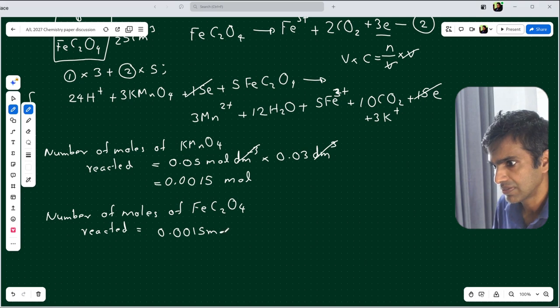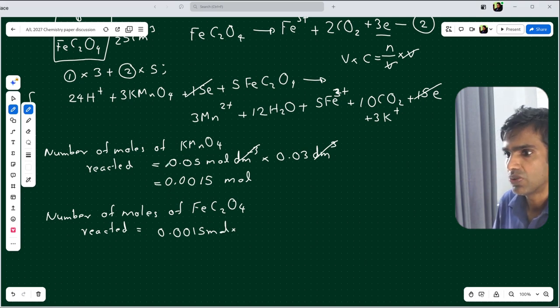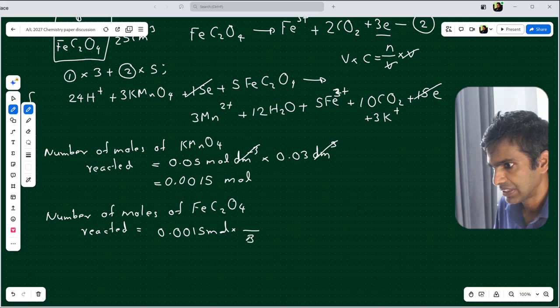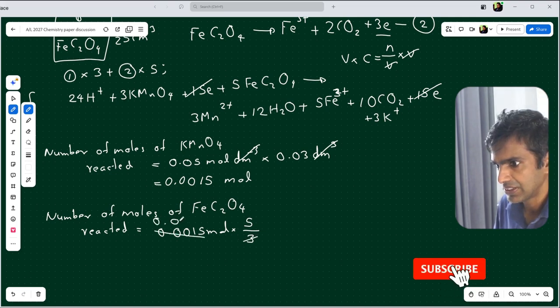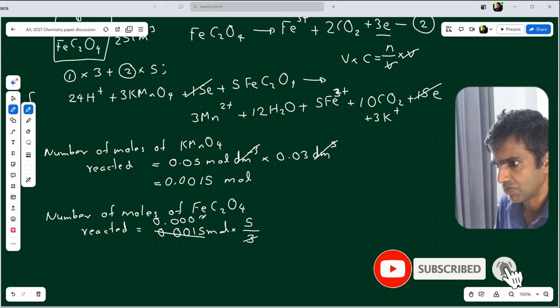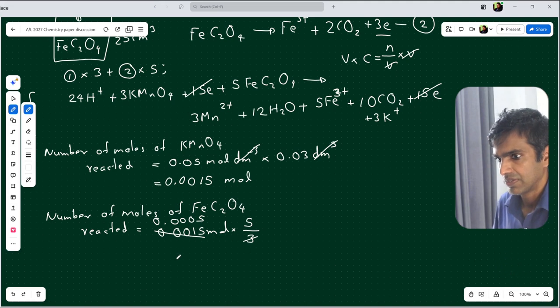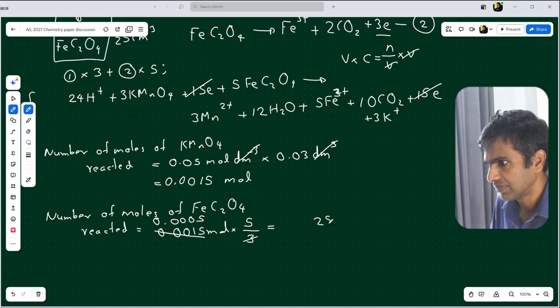0.0015 moles. We need to divide this value by 3. Then we need to multiply by 5. So when we divide this by 3, it is 0.0005. So the answer is 5 times 5, 25, 4 decimal places.